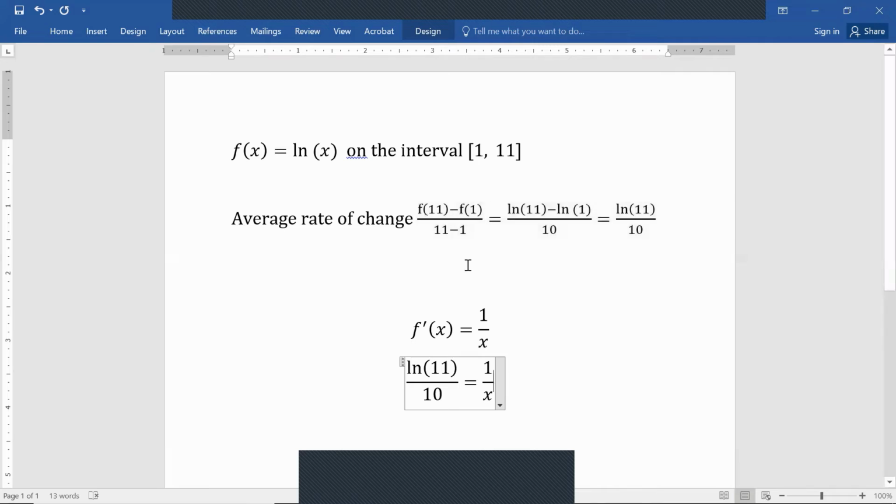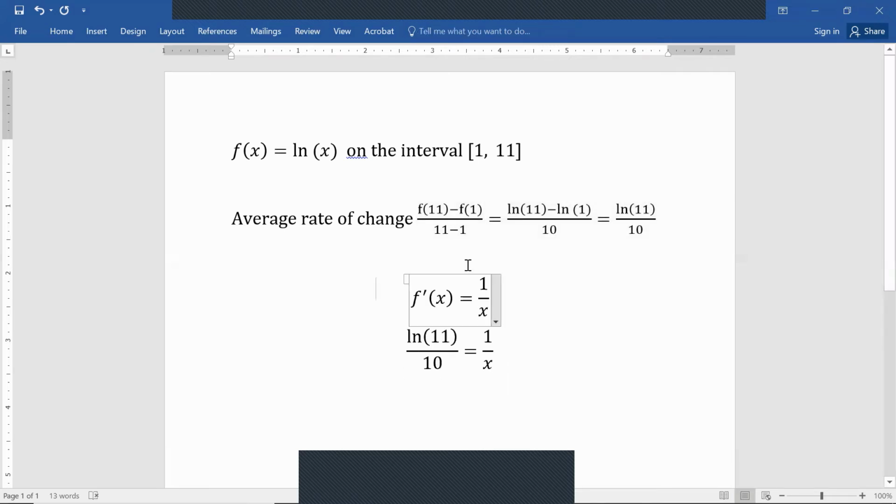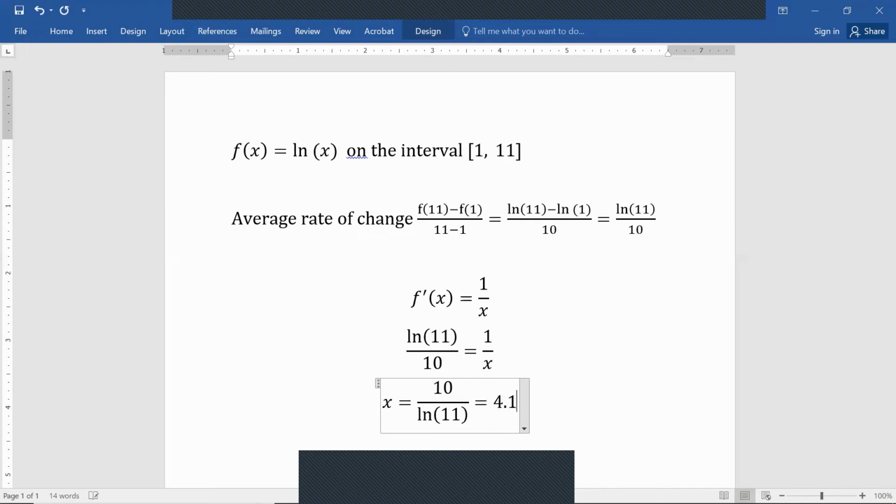You can either cross multiply or you can take reciprocals. But it's fairly easy to see that x has to be 10 divided by natural log of 11, which is approximately 4.17.